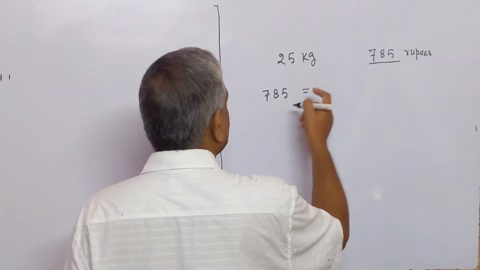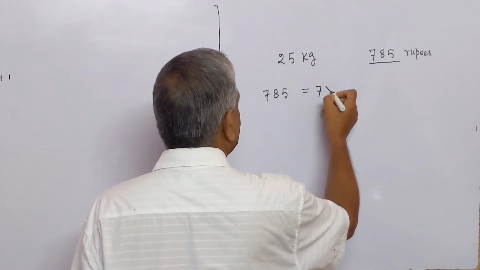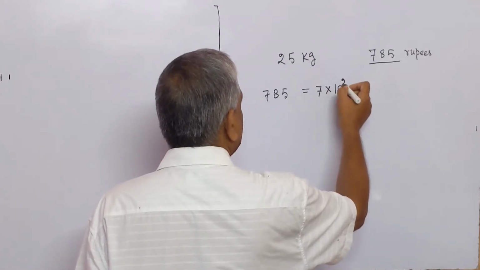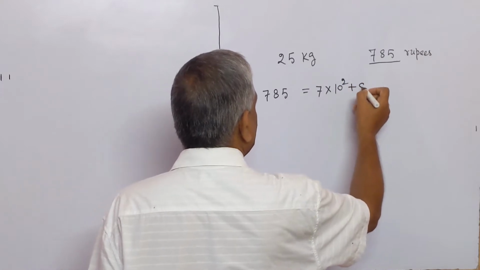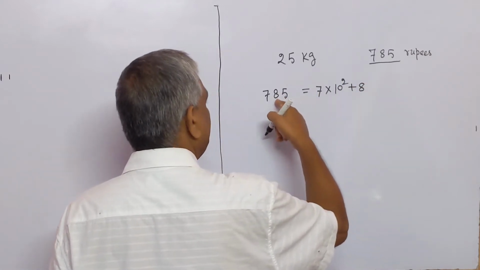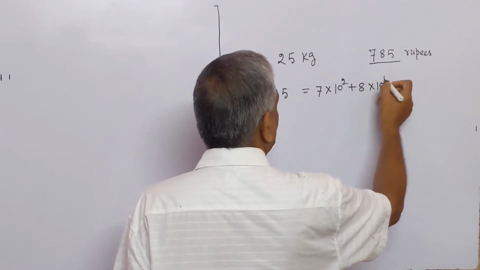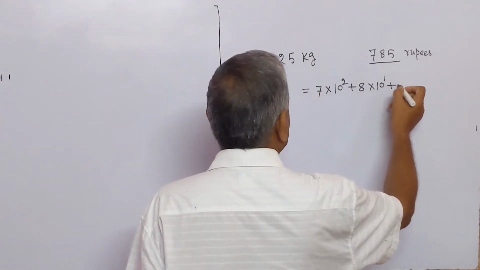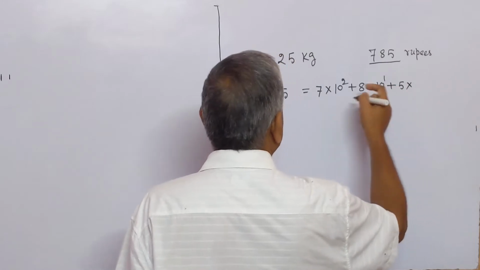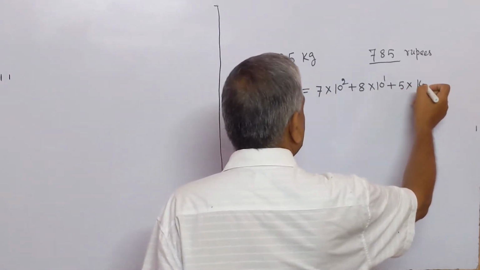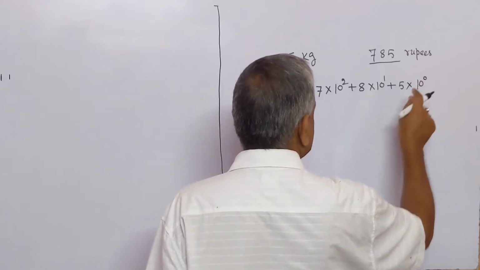So we write 7 multiply 10 square plus 8 multiply 10 to the power 1 plus 5 multiply 10 to the power 0, that is 1.